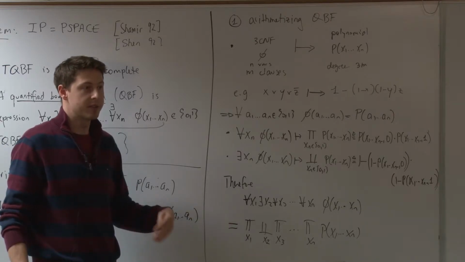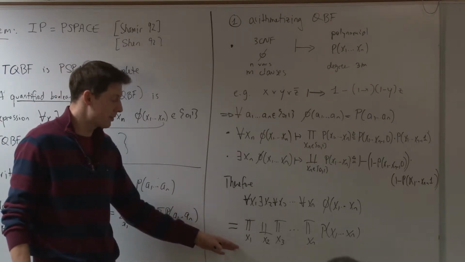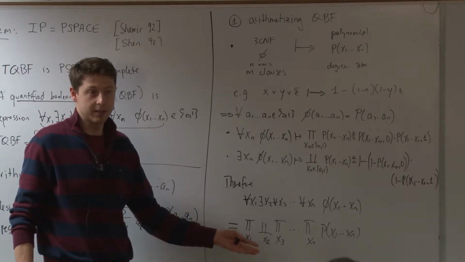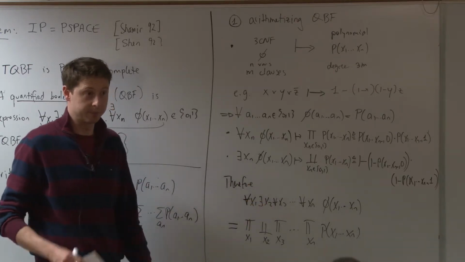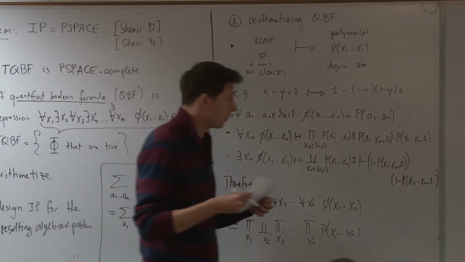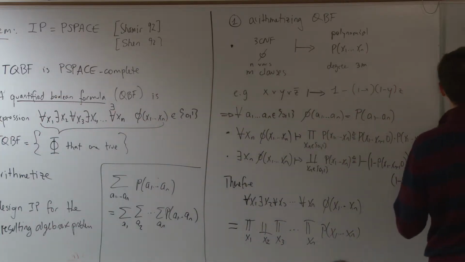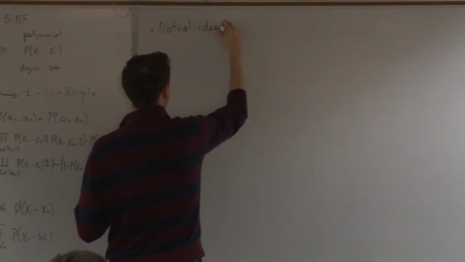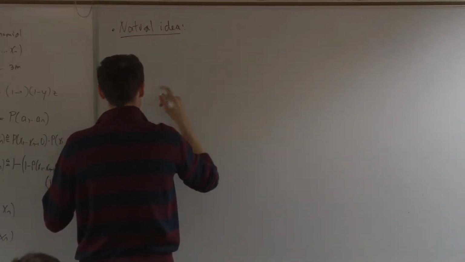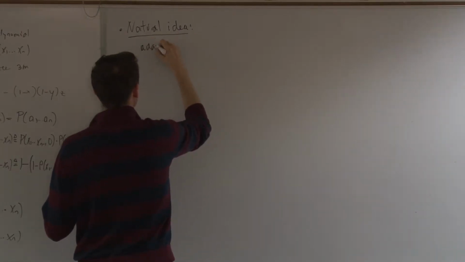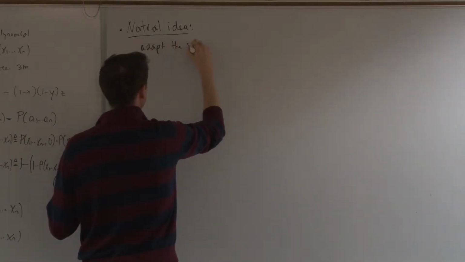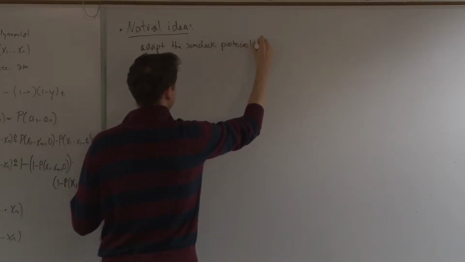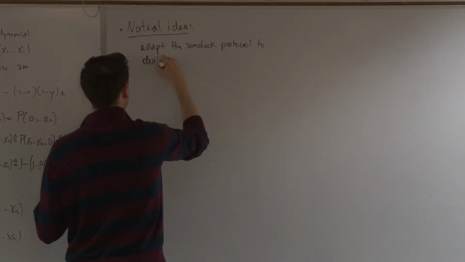If we could, with some number of rounds, maybe one round, reduce this expression to a smaller one that involves one operator less, then we could just inductively proceed. So, natural idea: adapt the sum check protocol to deal with operators.